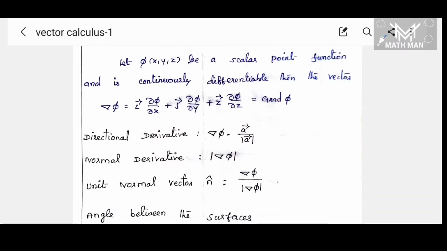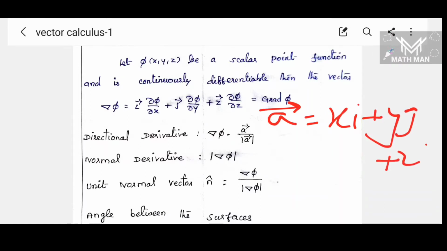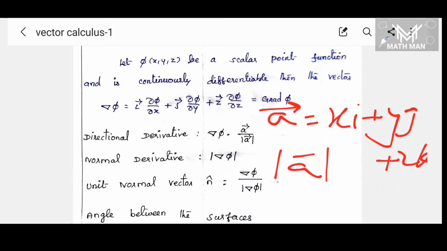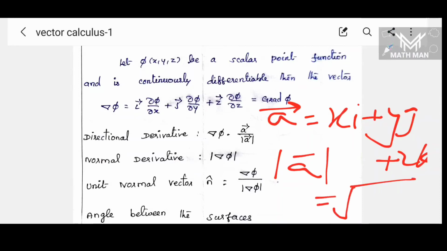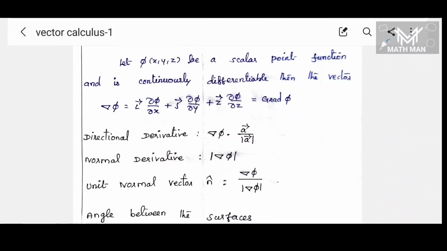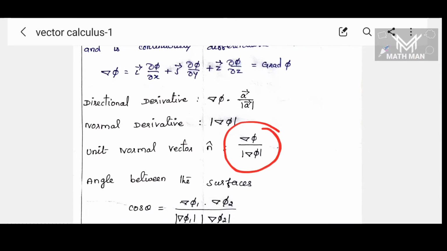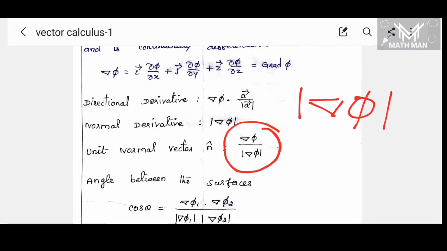Here a cap represents xi plus yj plus zk, and the magnitude of a is the square root of x square plus y square plus z square. And n cap is a normal vector. Remember that the maximum directional derivative is the mod of grad phi. Remember this.